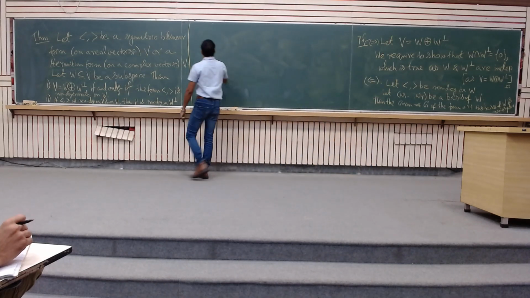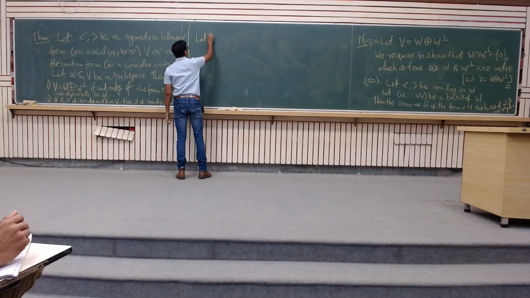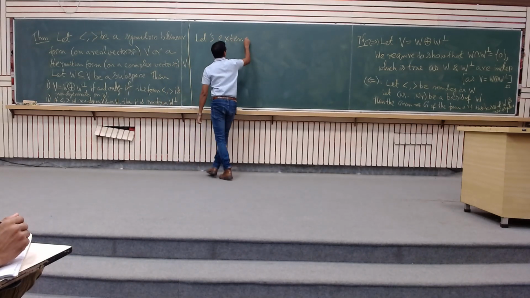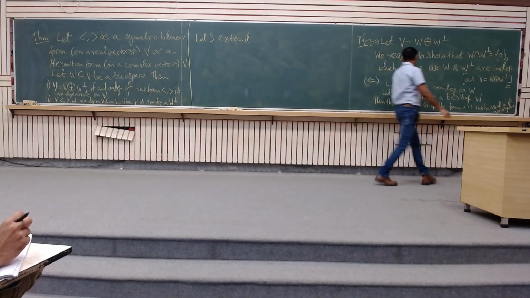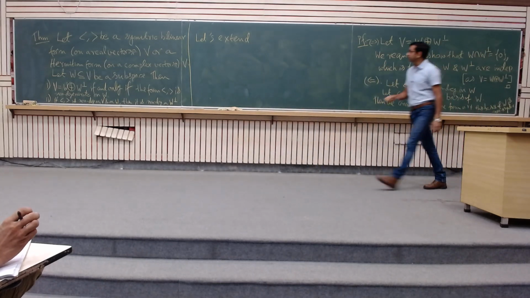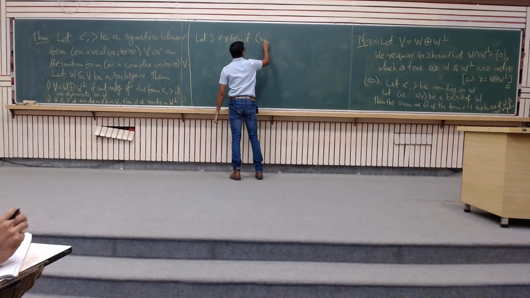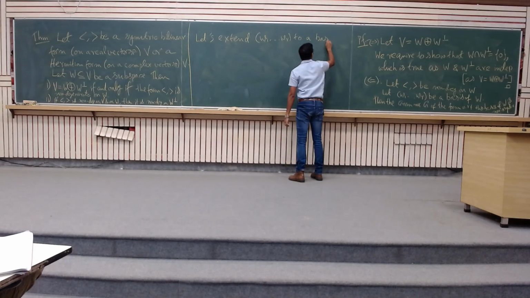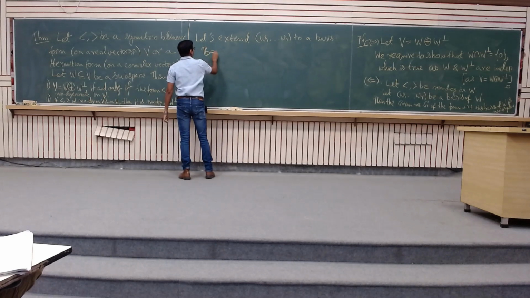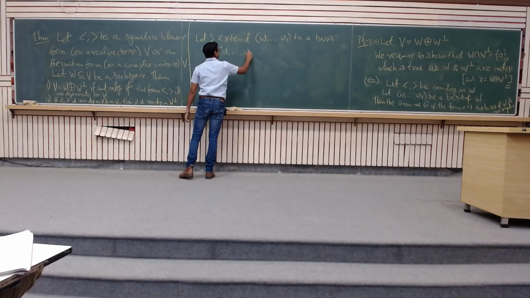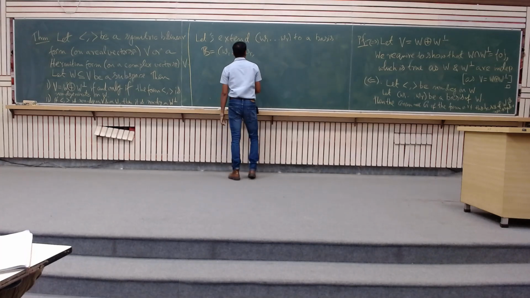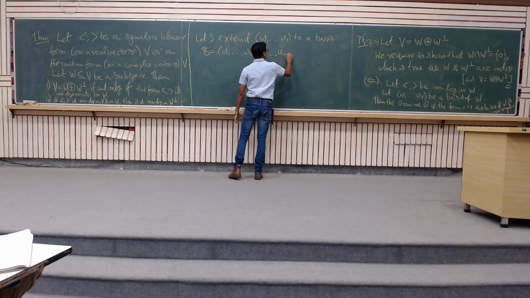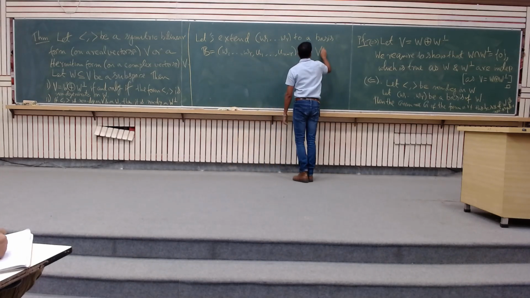Okay. Now let's extend this basis of W to a basis of the entire space. Let's extend W1 dot WR to a basis B equal to W1 dot WR, comma, say U1 dot UN minus R of V. Okay.